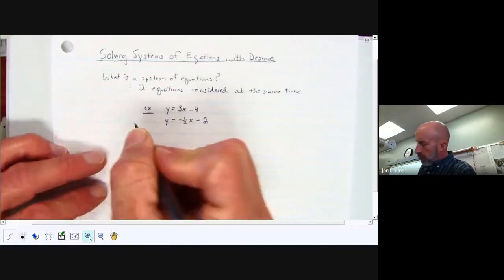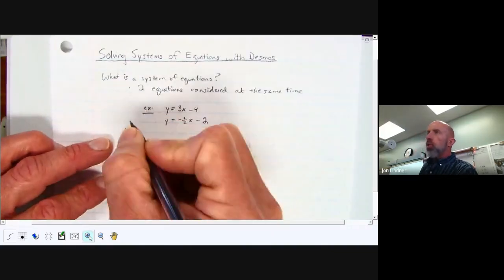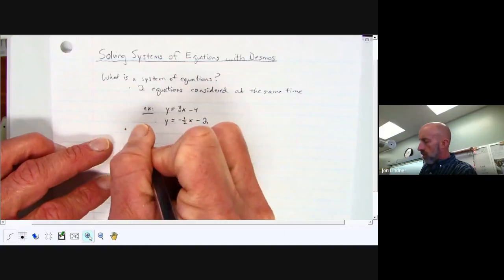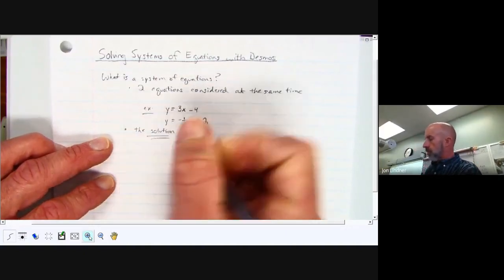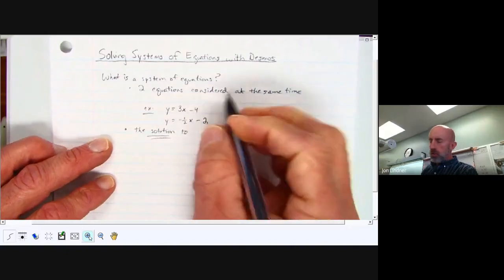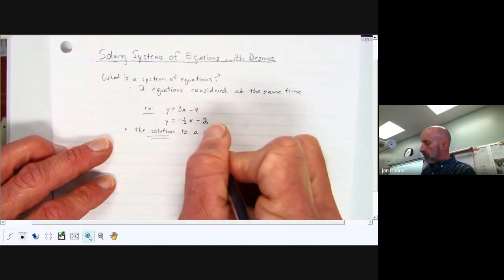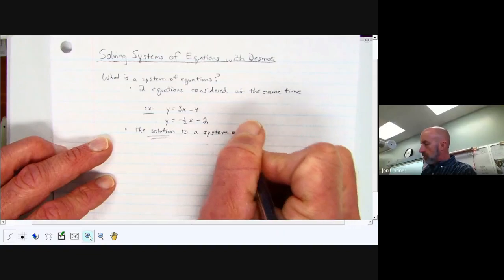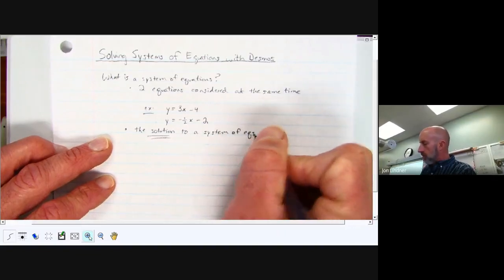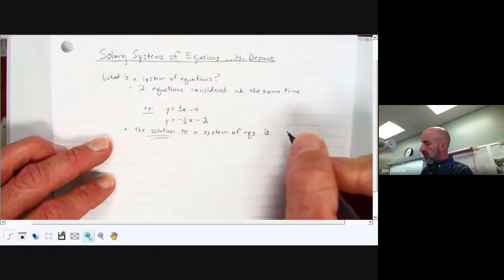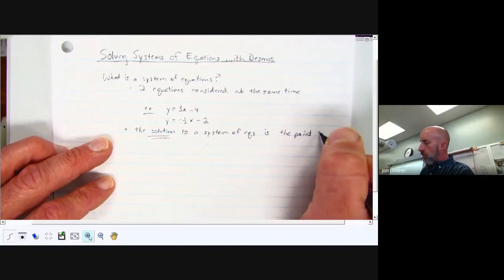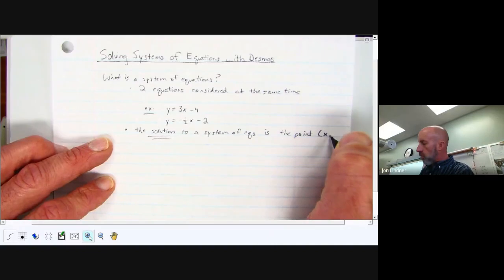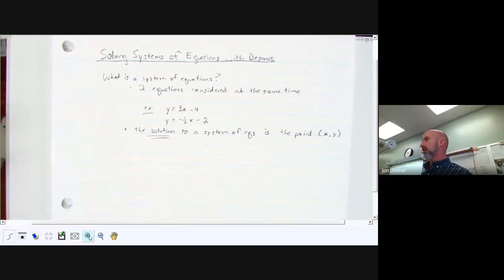So the big thing that we're concerned about today is, what is a solution? The solution to a system of equations is the point. And when we talk about a point, we're talking about an x coordinate and a y coordinate.